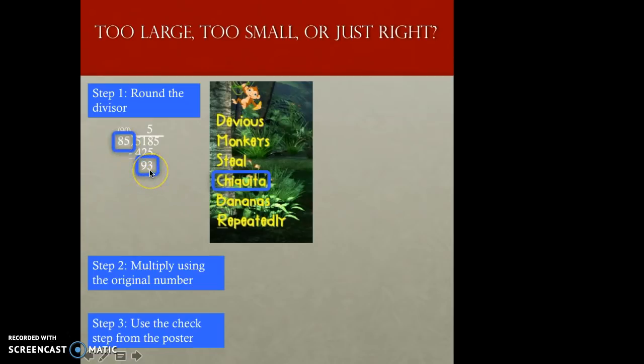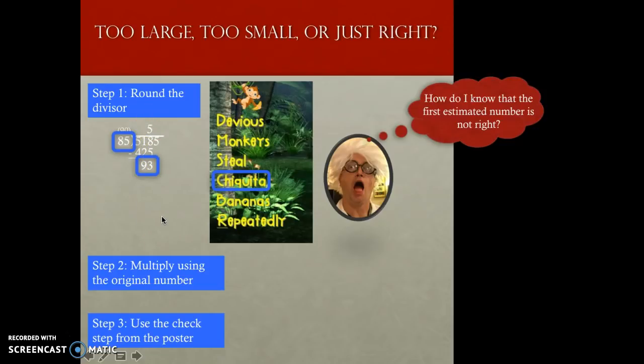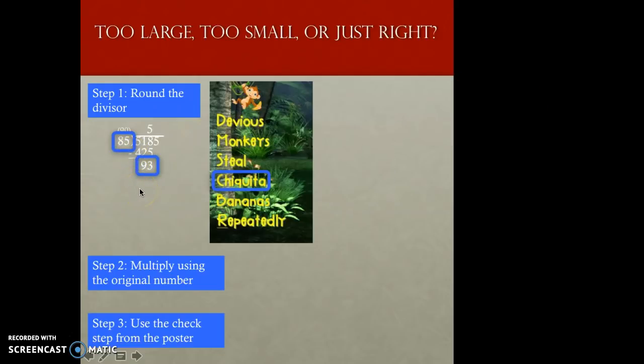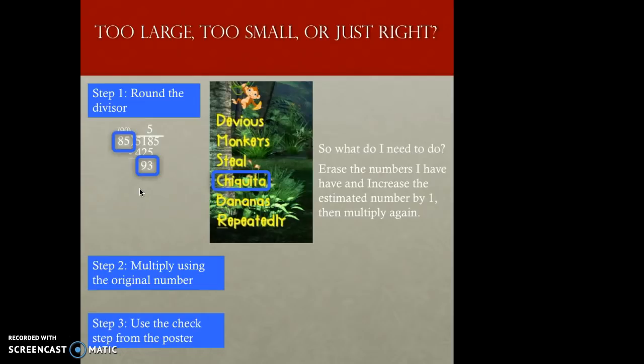And if it's not lower, that means this number is too small and we've got to go with something one higher. So how do I know that the first estimated number is not right? Because when I check, it's too large. So what do I need to do? Erase the numbers I have and increase the estimated number by 1 and then multiply again.